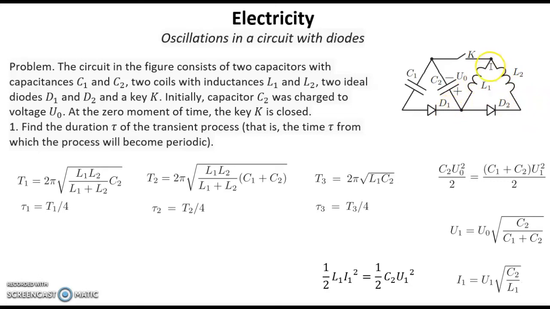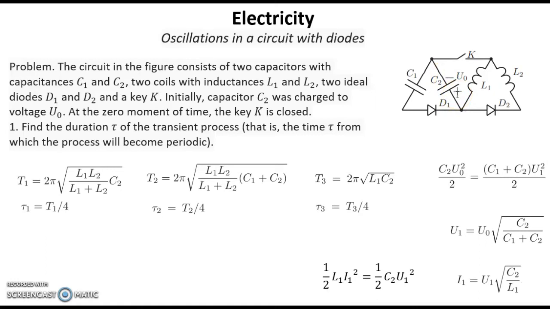So the total current will be 0, and after that this quarter of the period will stop, and this current will decrease, this one will increase, and this capacitor will start to lose its charge.